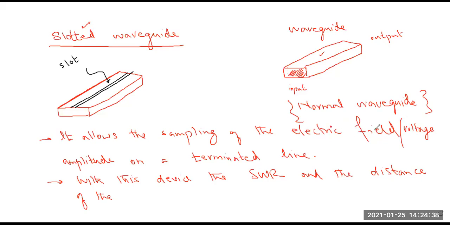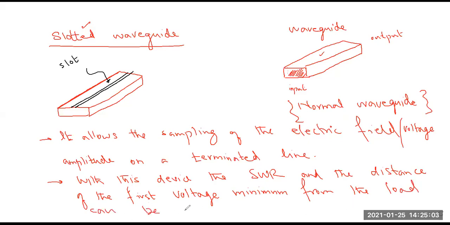In circuit theory, we use voltage, and in field theory, we use electric field. So with this device, SWR, and the distance of the first voltage minimum from the load can be measured.